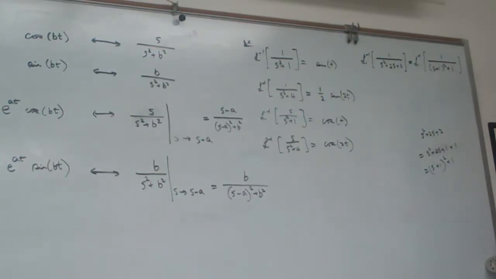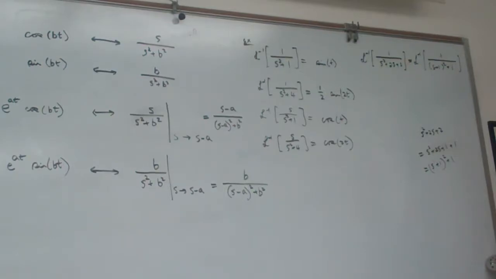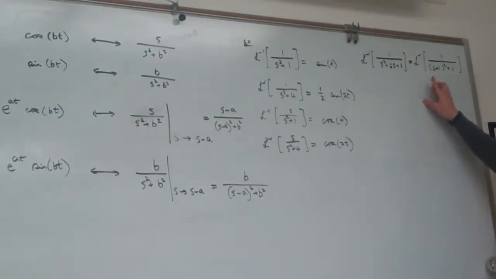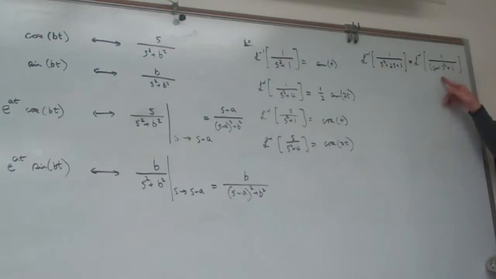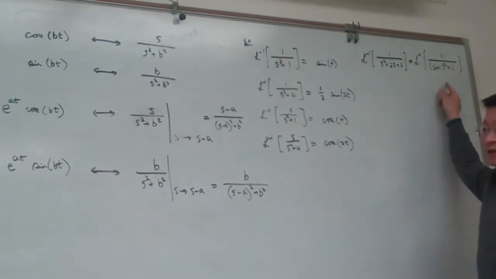Right now I'm doing something such that I can utilize the table. That is the goal. Don't feel weird about why I do so. With this in mind, we want to calculate the inverse Laplace transform. From here, this is the square term in the denominator.